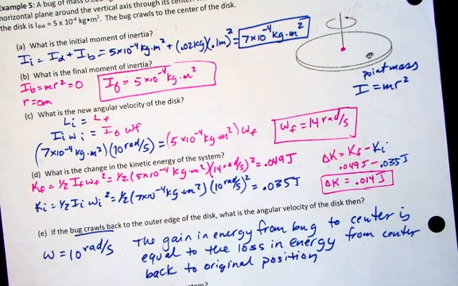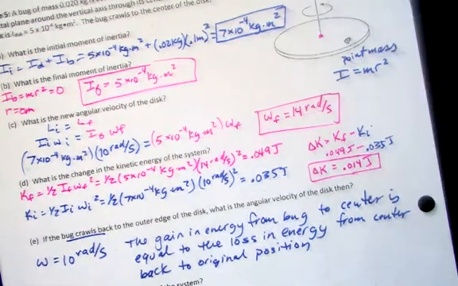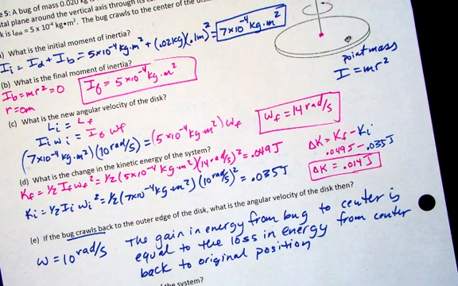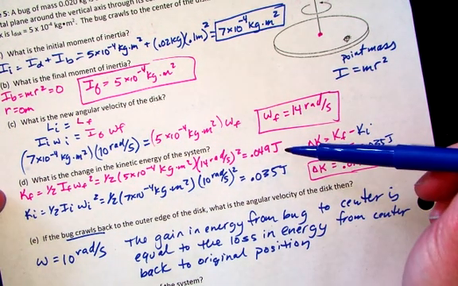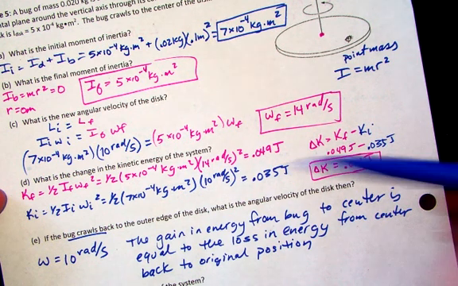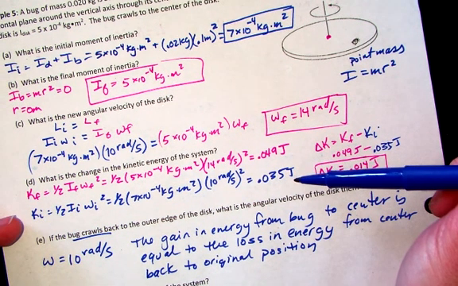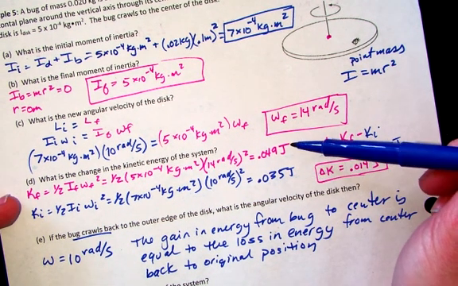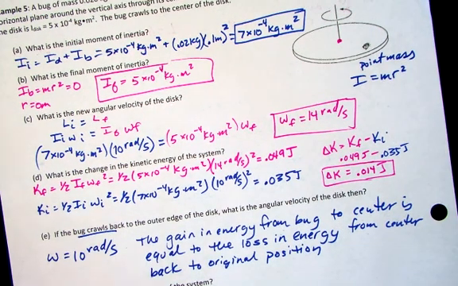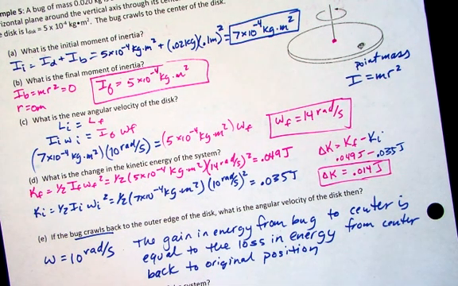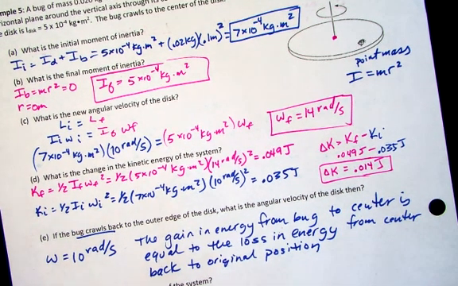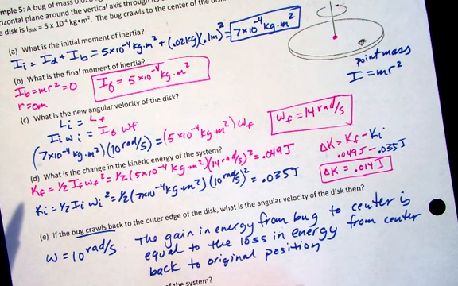So what would happen then is we would end up with that same angular velocity. So what's the new kinetic energy of the system? Well, we did gain 0.014, and we went from this initial kinetic energy to this final. We're going to go back to the initial kinetic energy. So the new kinetic energy is going to be 0.035 joules. So it's back to the original.